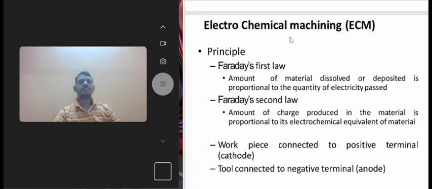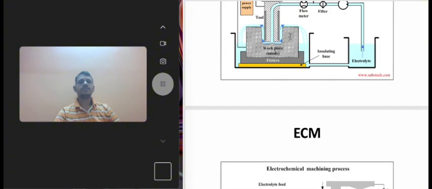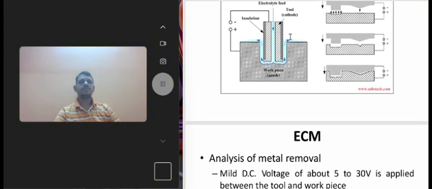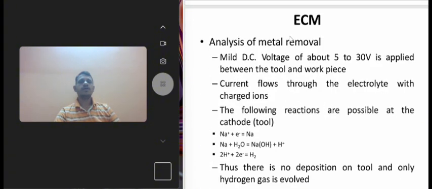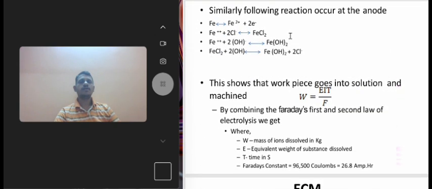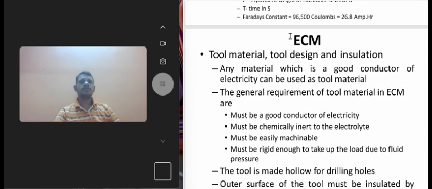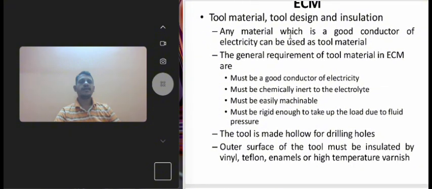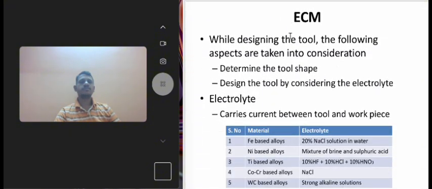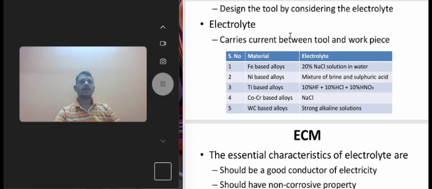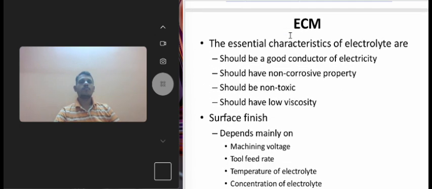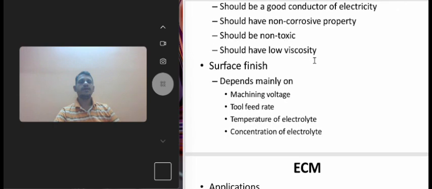In the previous class we saw what electrochemical machining is: its principles and construction, working principle, analysis of material removal, tool material and tool design, what electrolytes are used for different materials, the essential characteristics of electrolytes, and what the surface finish mainly depends on.